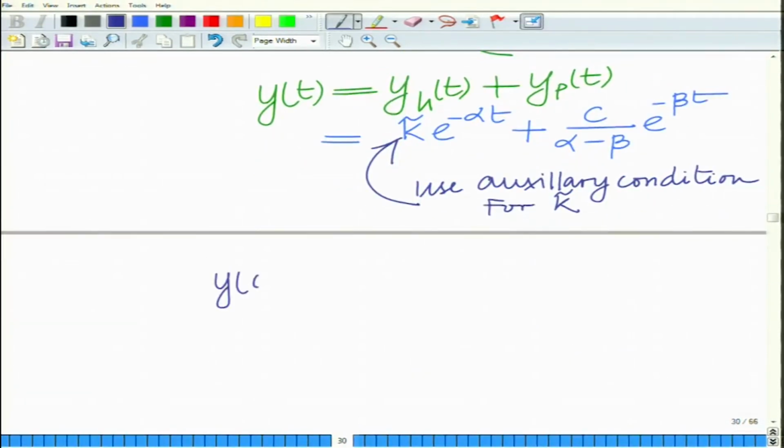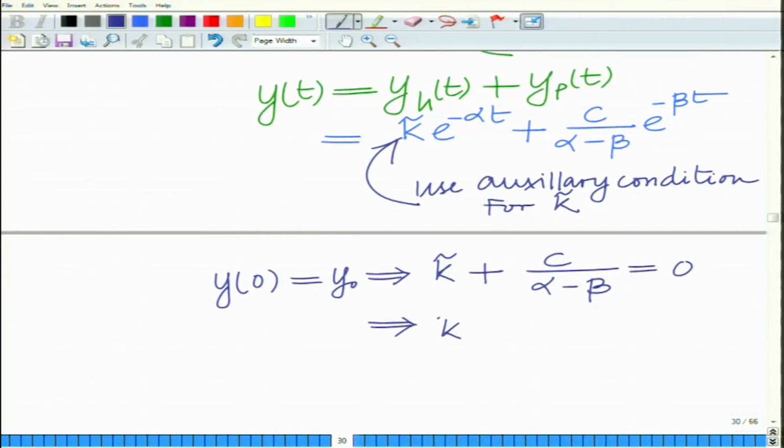So, we have y(0) equals y naught, which implies k tilde plus c over alpha minus beta equals y naught, which implies k tilde equals y naught minus c over alpha minus beta.